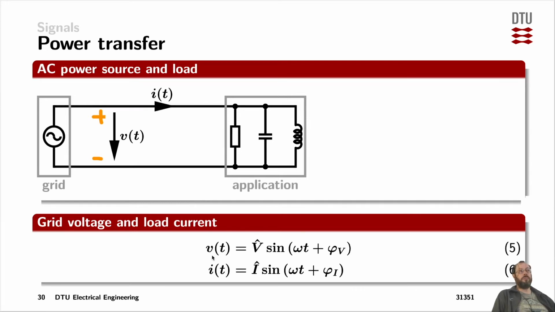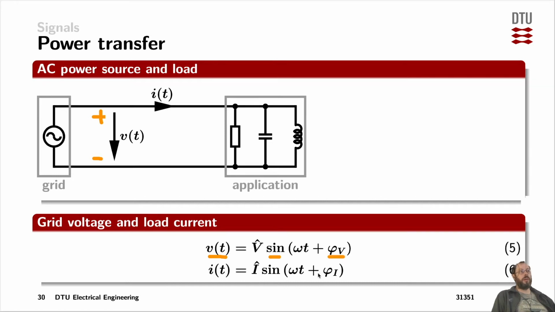Furthermore, I assume that both the voltage and the current are sinusoidal. The voltage given by the power plant provides a sinusoidal voltage here, and then the current I'm also assuming to be sinusoidal here, which would not always be the case, as we've seen already in the rectifier section earlier.